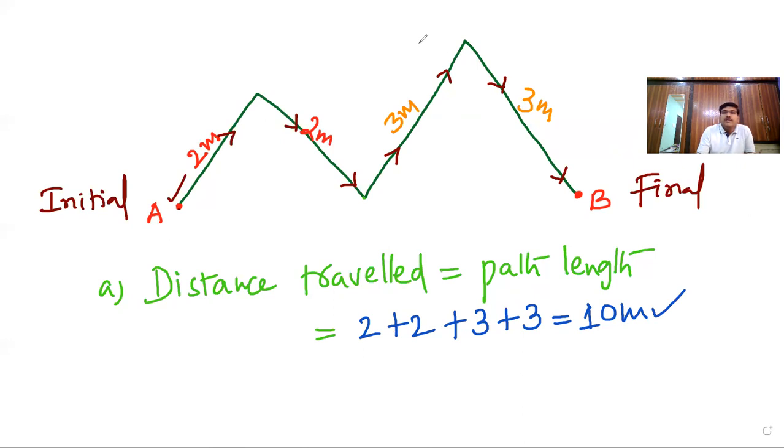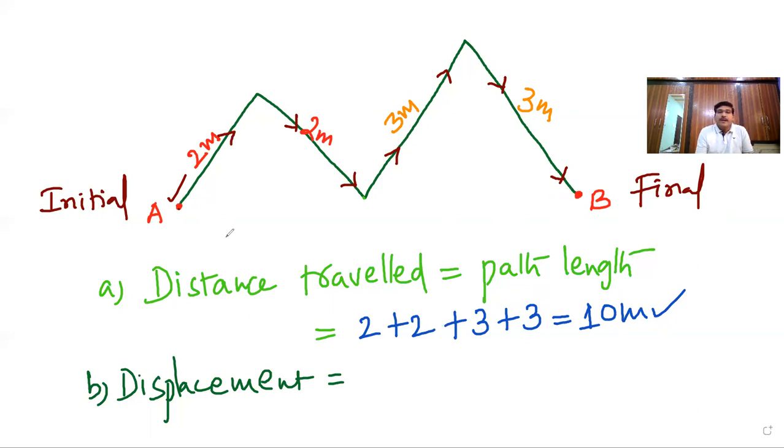Observe. Now he is asking in the second question, what is the displacement? Displacement is the shortest distance between the initial and final positions, or simply the length of the straight line joining the initial and final position.